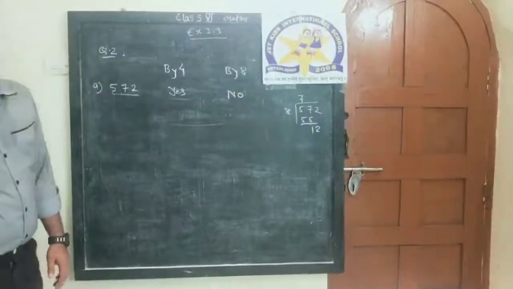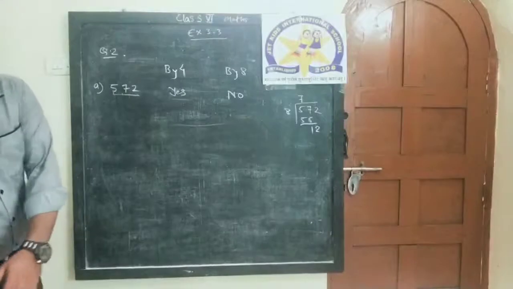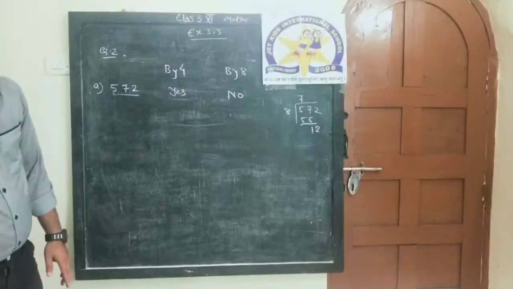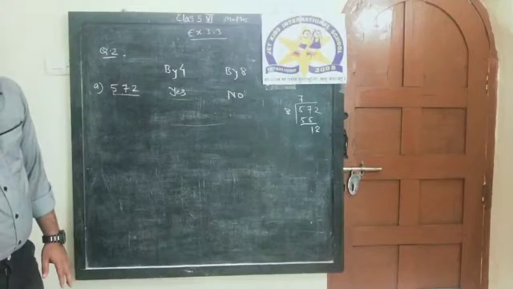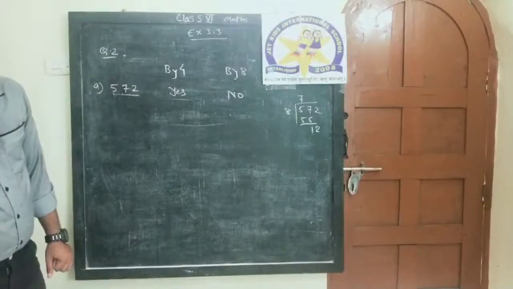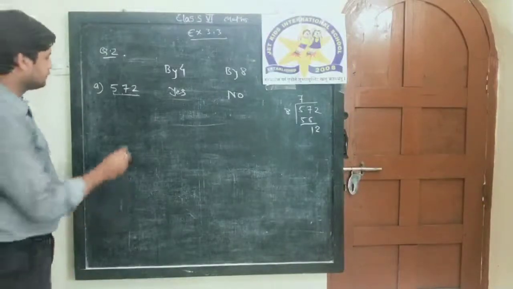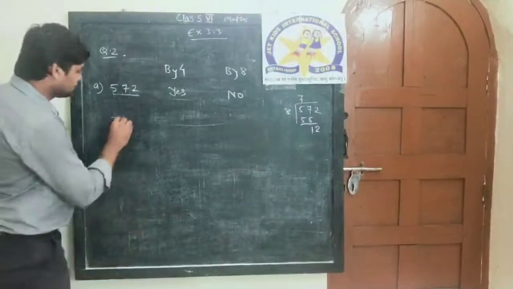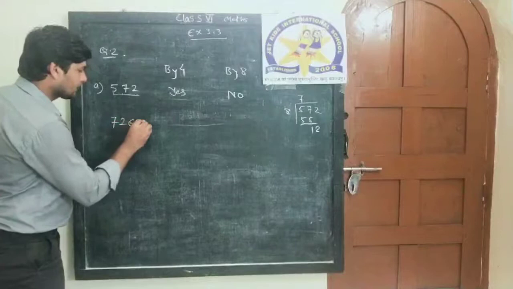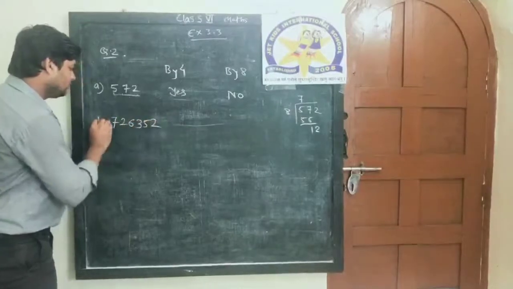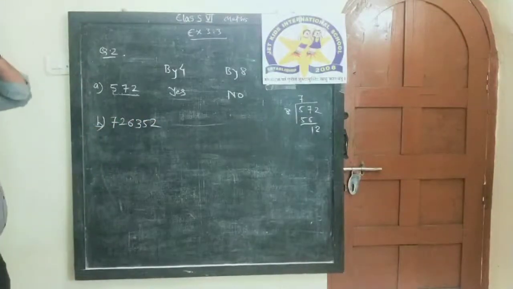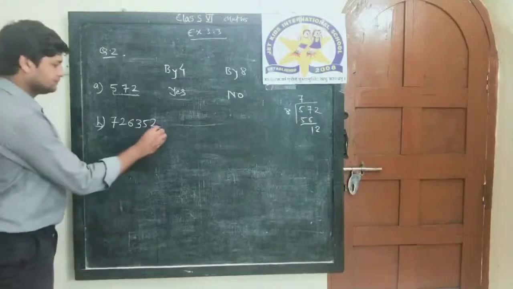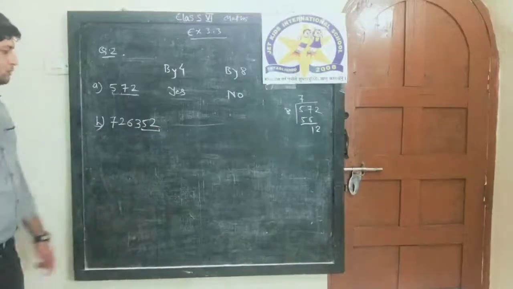Next is 726,352. Okay, B. Clear? First, 52.